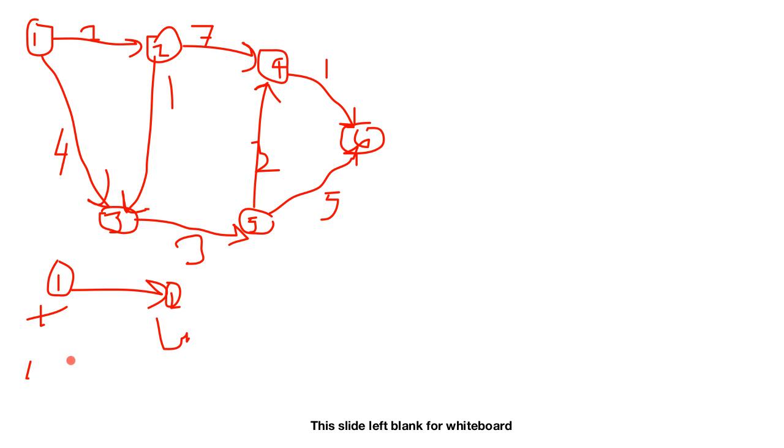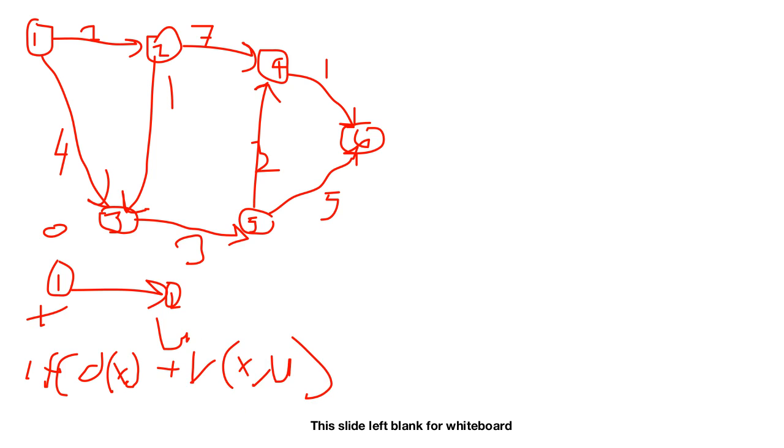So we are saying if the distance of x, which currently we can say it's 0, plus the vertices of x into u is less than the distance of u, now we can take that route and we can now replace that.